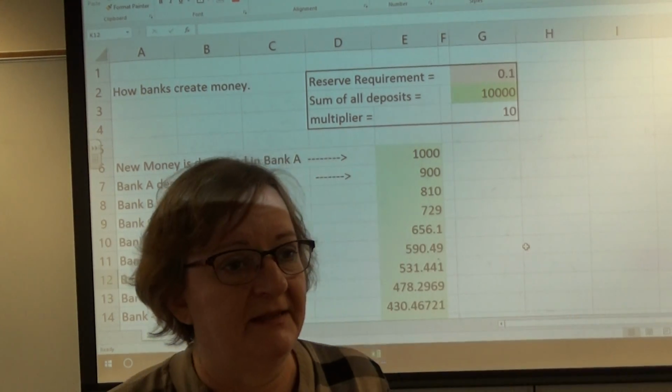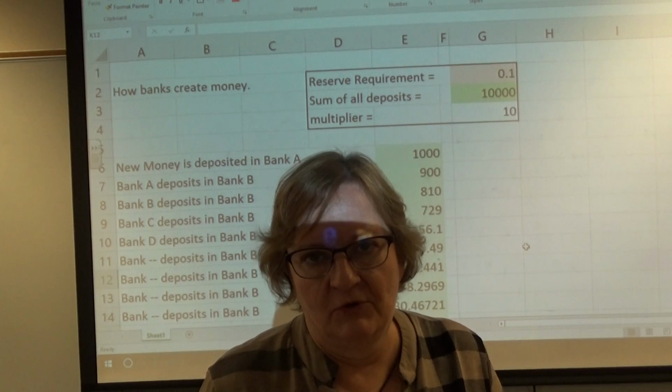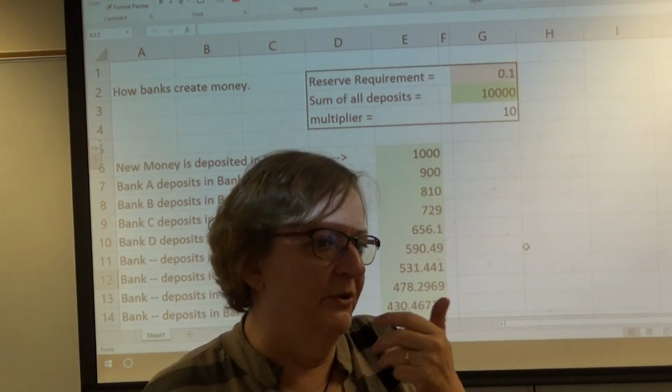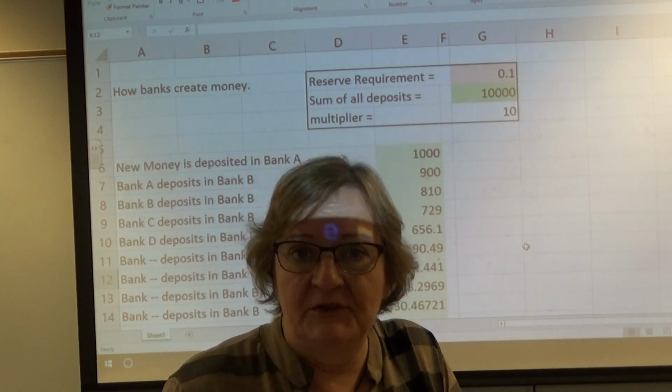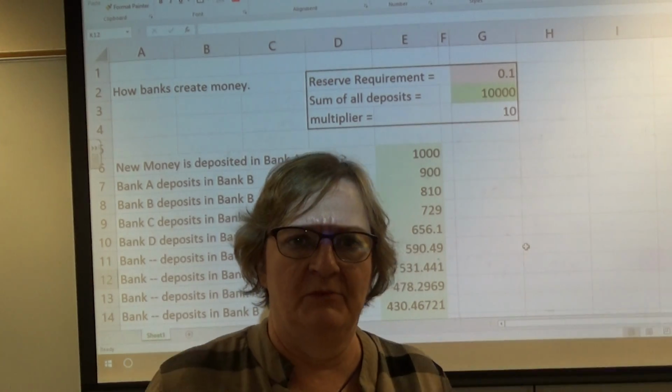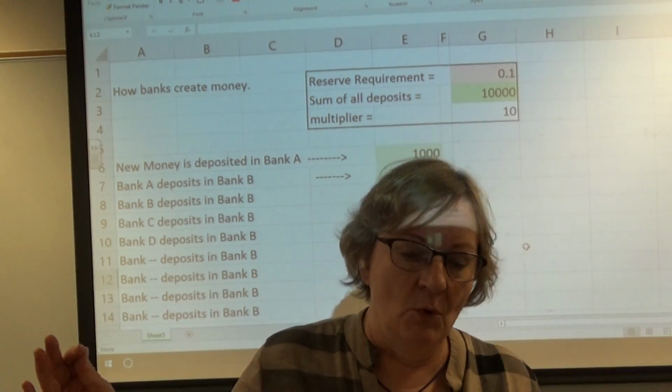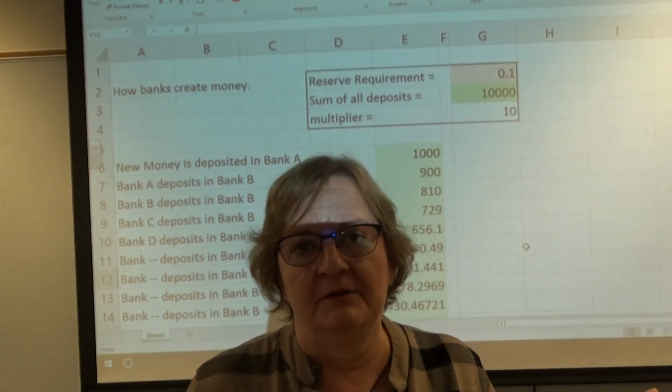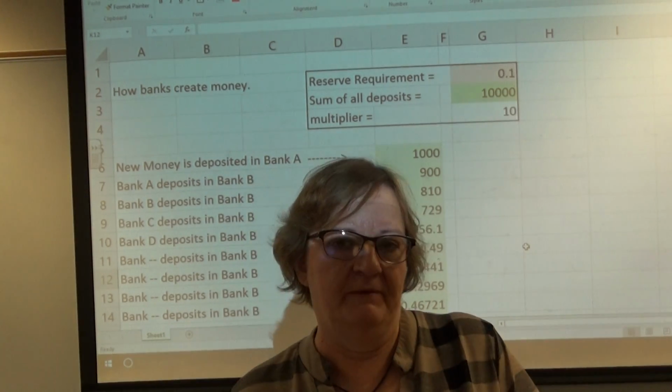And of course, that makes calculations a lot more difficult, but you can learn the basics of it if we just assume away the complications of multiple reserve requirements and we just say, what if the reserve requirement is 10%? Or what if it's 25%? Or what if it's 1%?